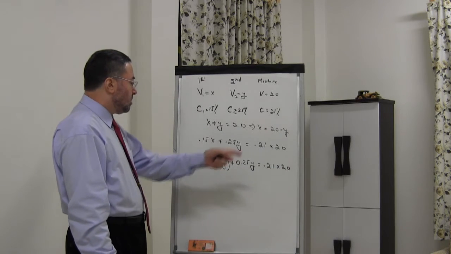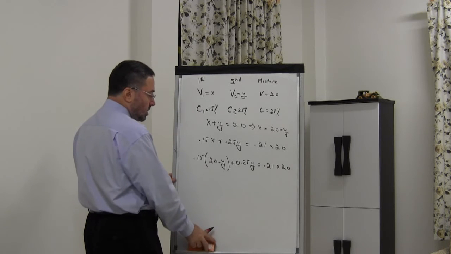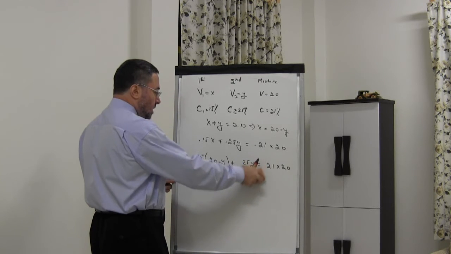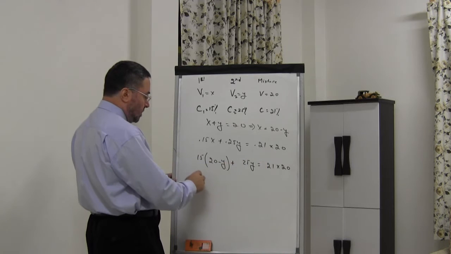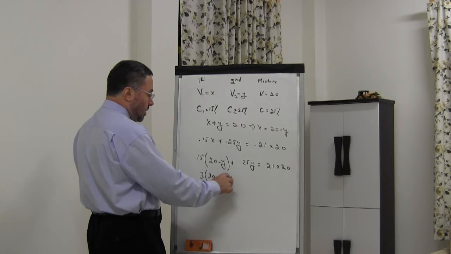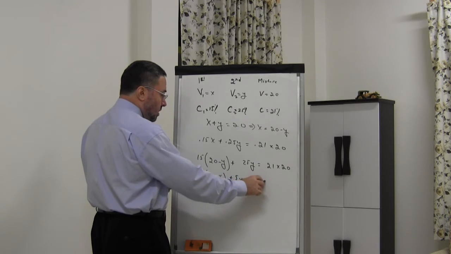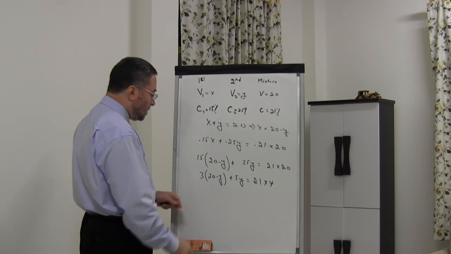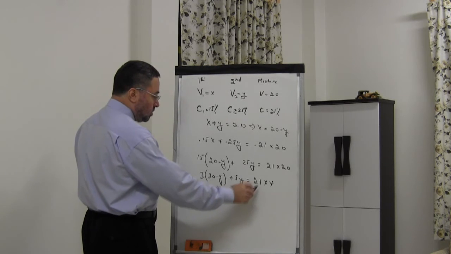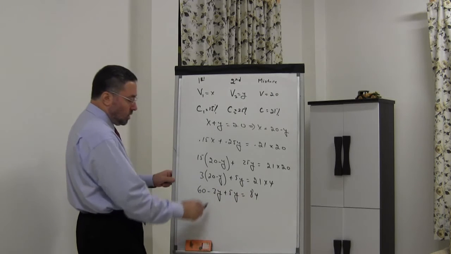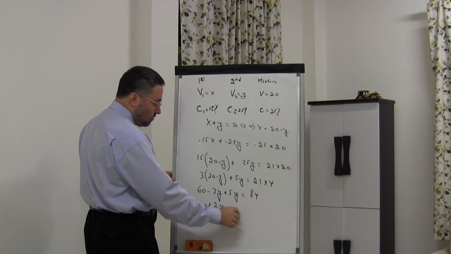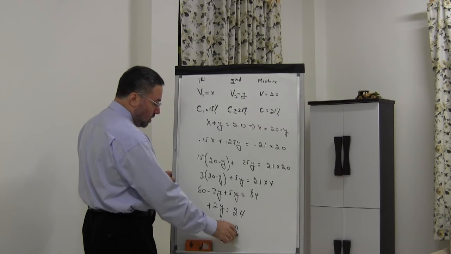And we can simplify by multiplying by 100 first, so we get rid of the decimals, and then dividing by 5, so we have here 3 times (20 minus y) plus 5y equals 21 times 4. 60 minus 3y plus 5y equals 84. So 2y equals, this goes to the other side, 24, and y equals 12.